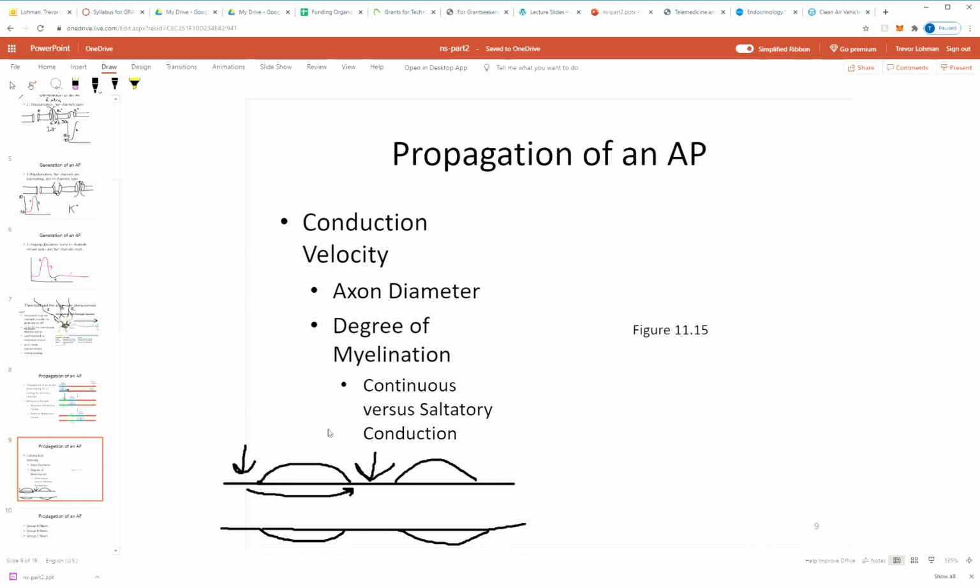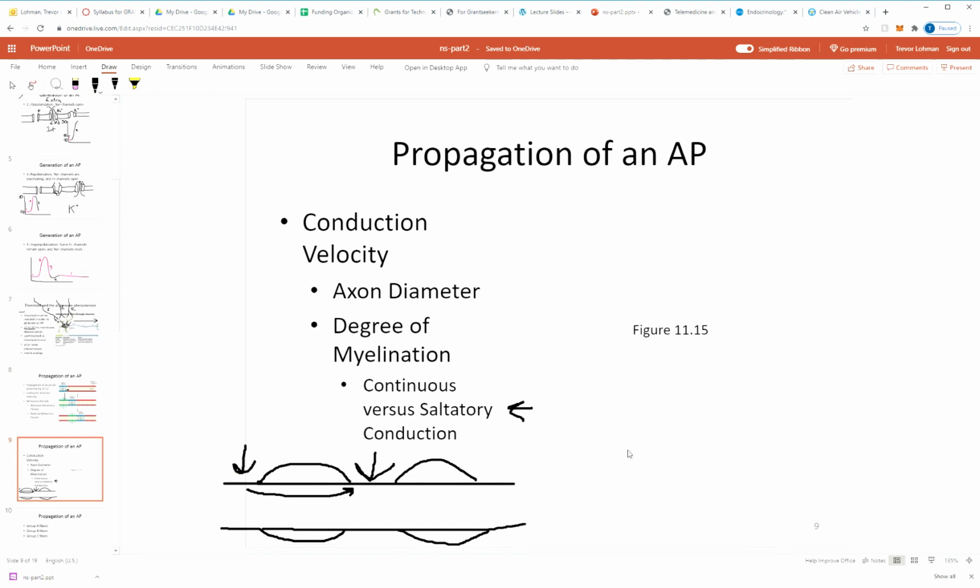So it looks like the action potential is jumping, and that means there are fewer action potentials, so it actually is much quicker. That's called saltatory. Saltare means to leap, so it's leaping conduction. It's not really leaping, but it kind of is because it's skipping segments of membrane. So you don't have to do as many individual action potentials.